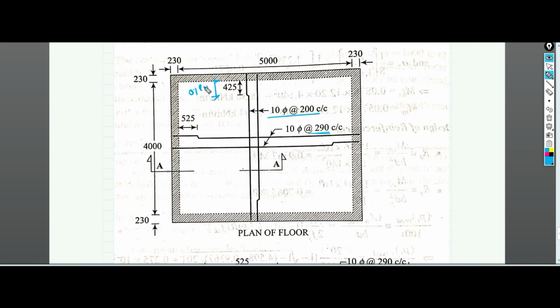So lx for our case is 4.135 probably. So into 0.1, then it comes to 0.413. So it should be 0.413 m. Okay, so this should be the lx value here, and one bar will be cranked over here, and the other bar will be cranked on the other side, and the next bar will be cranked on this side like this, so that 50% gets cranked to the top.